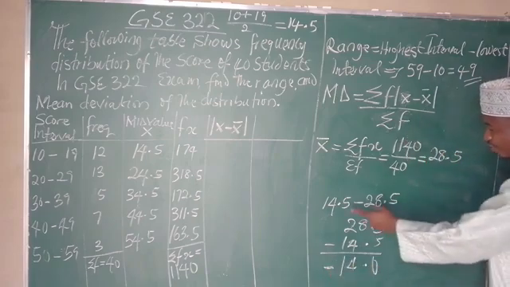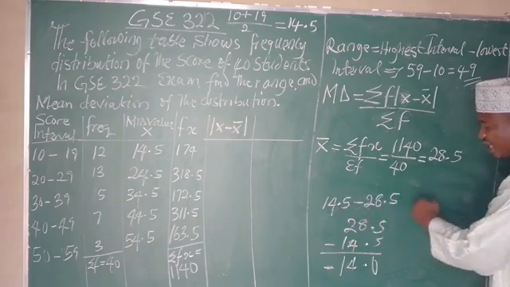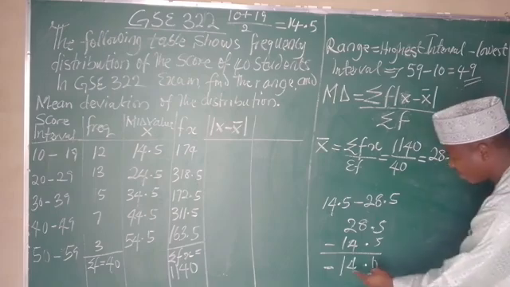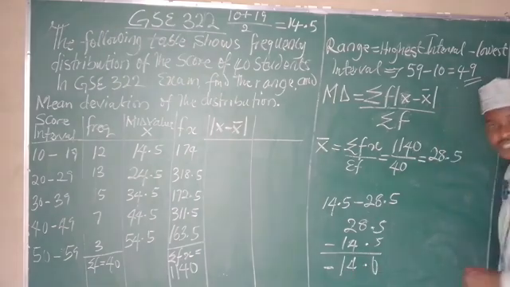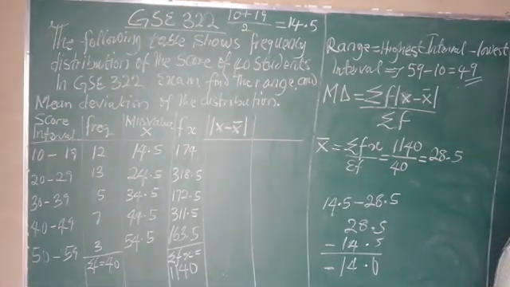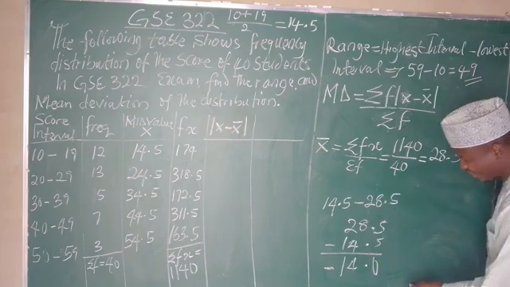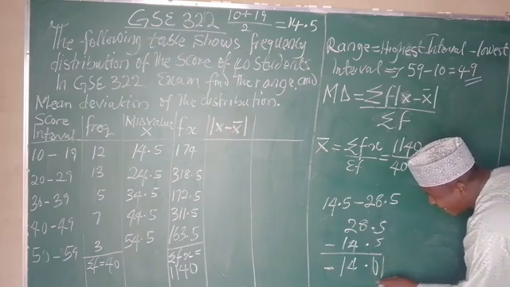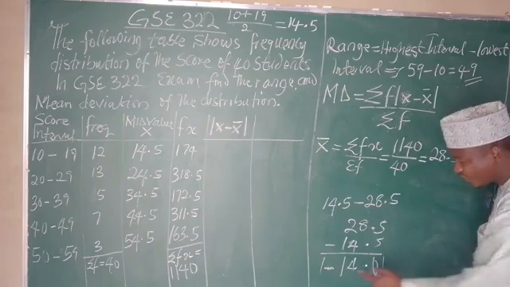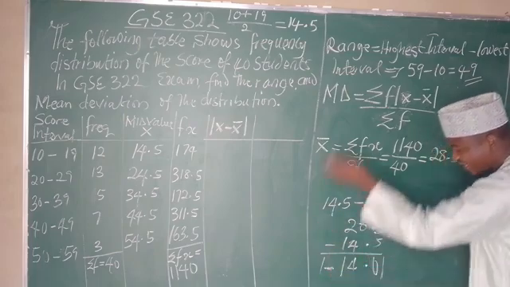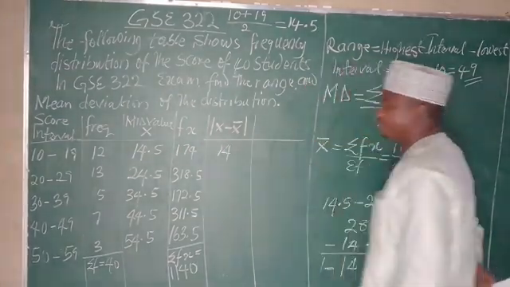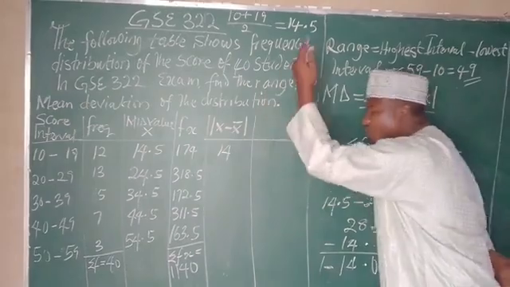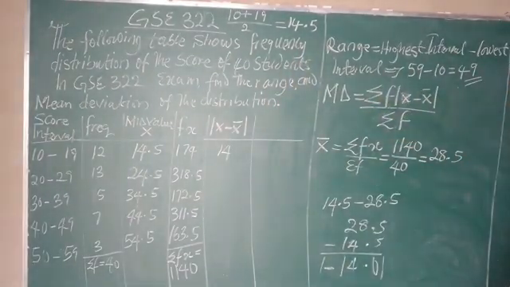Therefore, 14.5 minus 28.5 is going to give us minus 14. We should forget about this 0, because 0 behind the decimal point is negligible. But they are in absolute value, so this absolute value will take care of this minus. Here we should record only 14, because the absolute value goes away with the minus sign.